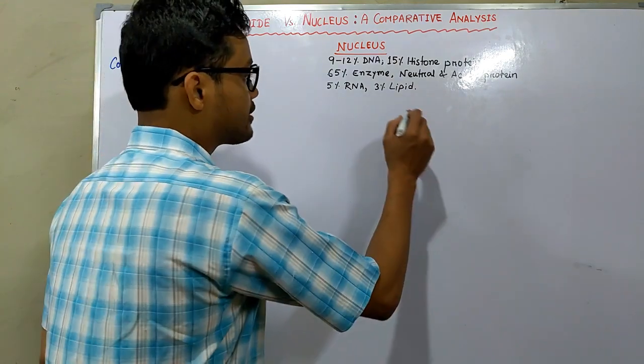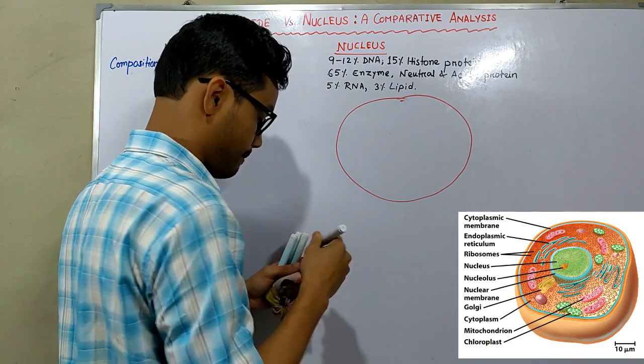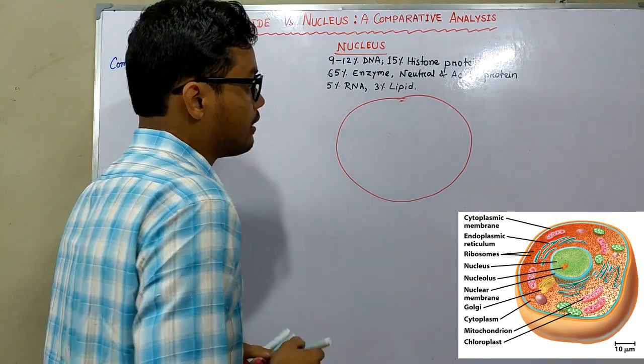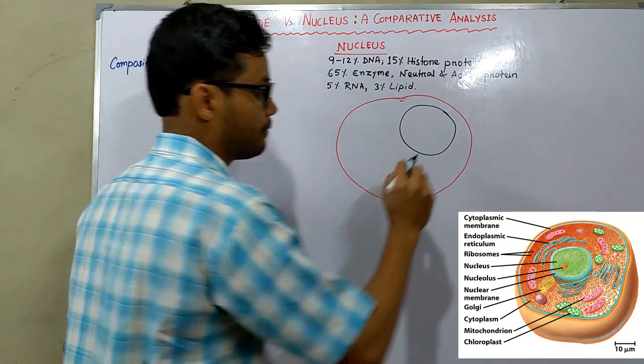In case of eukaryotic cell, there is a clear nucleus present.